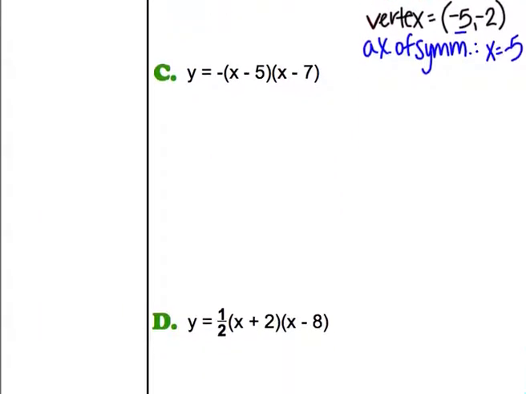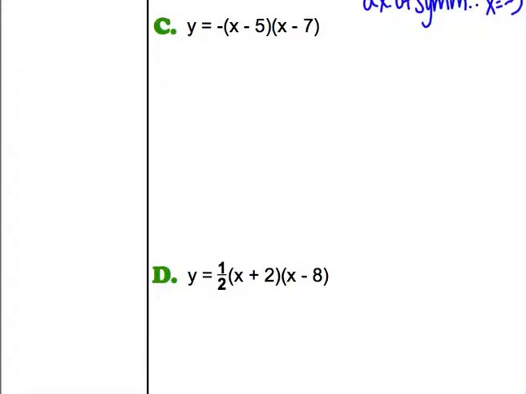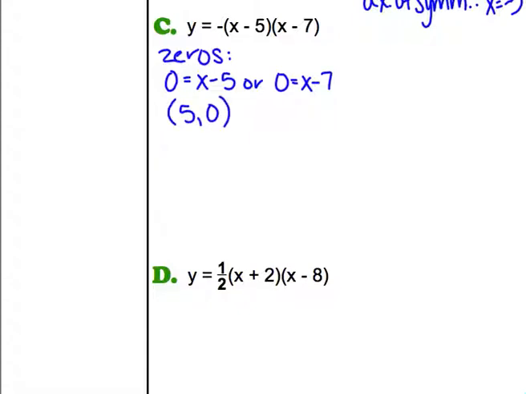Moving on to the last two examples before we end this video. We've got y equals negative times (x minus 5) times (x minus 7). So we have 0 equals x minus 5 or 0 equals x minus 7. This gives x equals 5, which means (5, 0). We'll skip ahead since you should be able to get to this point by now. x equals 7, so (7, 0). 5 plus 7 divided by 2: 5 plus 7 is 12, and 12 divided by 2 is 6.